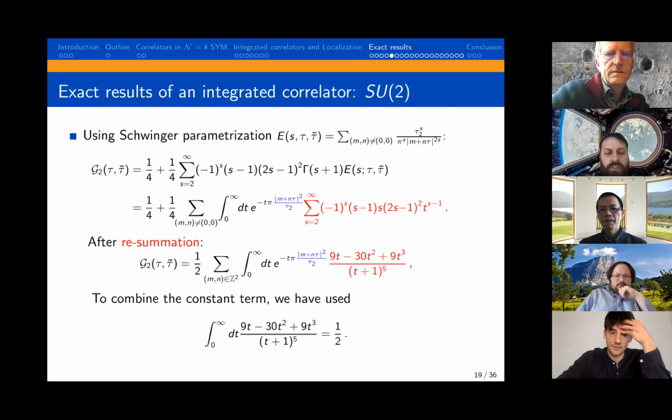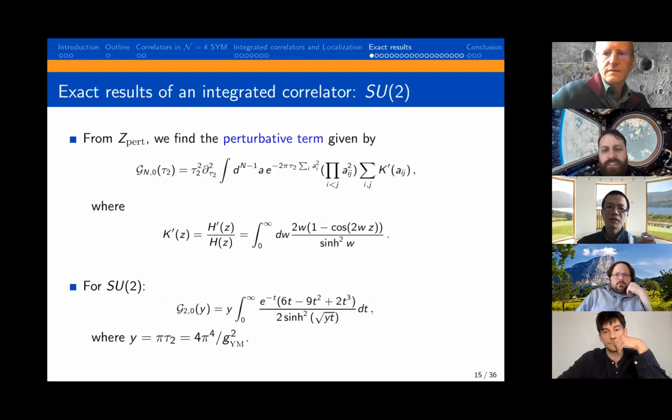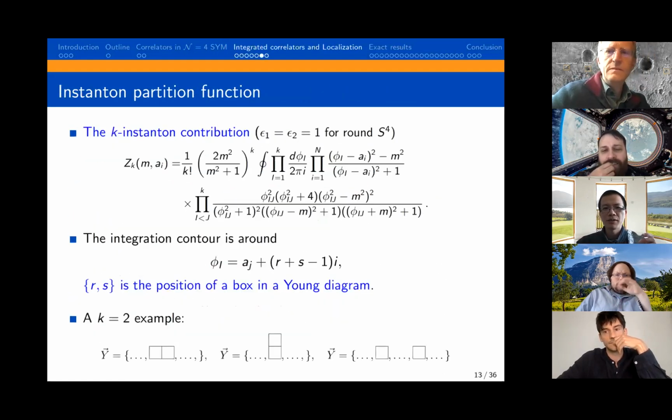Okay. But each separate instanton contribution is also a one-dimensional integral. No, for a given k instanton, you have to sum over this k box. Okay, it's a sum of k integrals, which is one integral. Well, it's not a sum of k. It's a k-dimensional residual integral, or you can think of it as a sum, but it's a k-dimensional residual integral for arbitrary k.